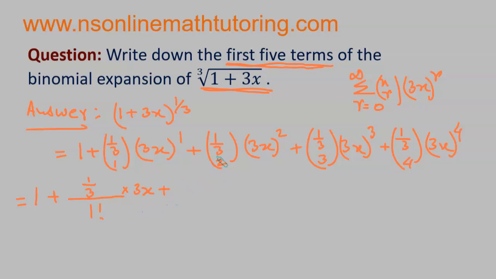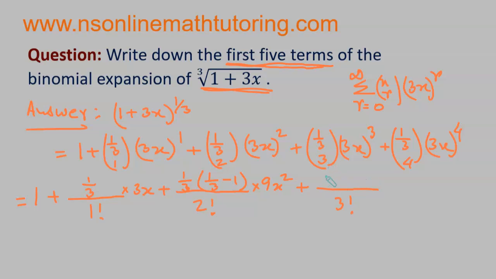And then 1/3 C2. The denominator will be 2 factorial, and since r is equal to 2, we will be having 2 factors in the numerator. Starting factor will be the value of n, which is 1/3, and it will be going on decreasing in steps of 1. So it will be 1/3 times (1/3 minus 1), and 3 square is 9, so it is 9x square, plus 3 factorial.